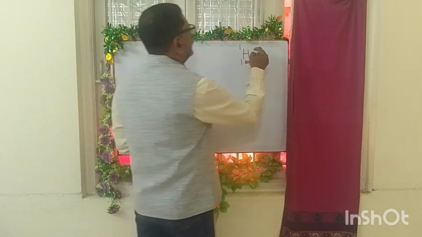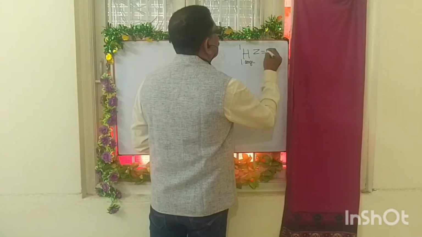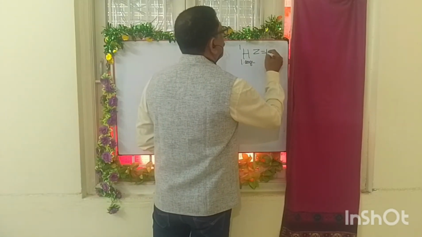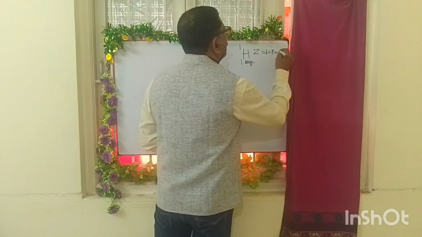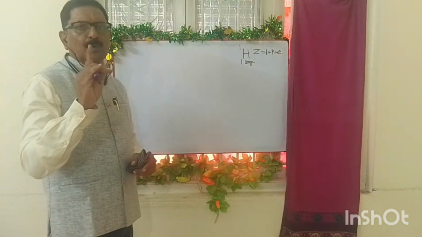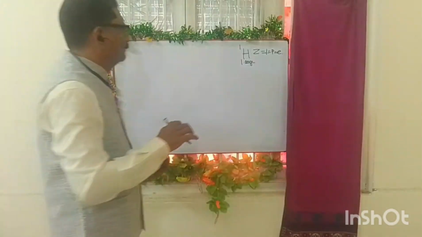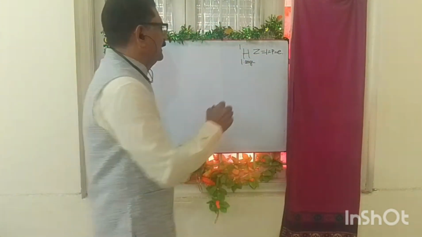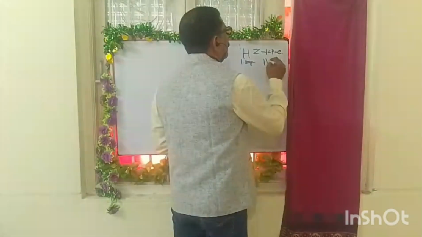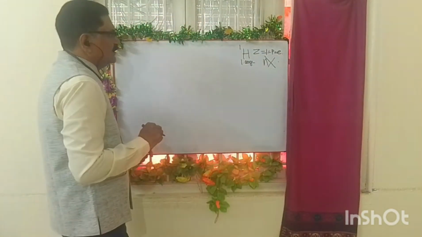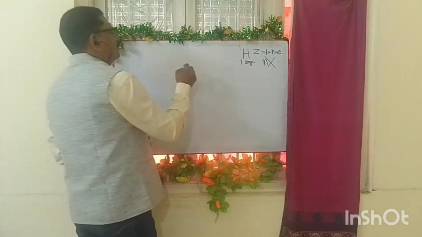Therefore, the atomic number of hydrogen is equal to 1. That is equal to P. That is equal to E. That is, in hydrogen, there is 1 proton and 1 electron. And only in hydrogen, there is no neutron. So let us draw the atomic structure.